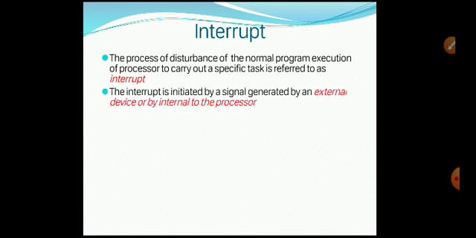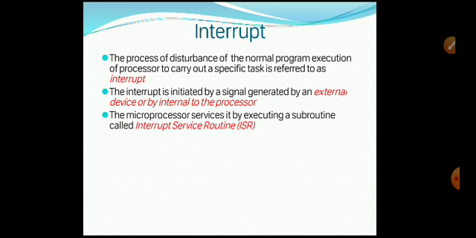The interrupt is initiated by a signal generated by either an external device or an internal module of the processor. The processor services it by executing a subroutine program, which is also called an ISR.